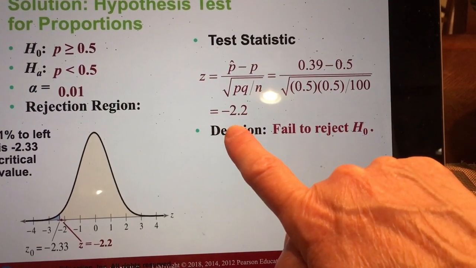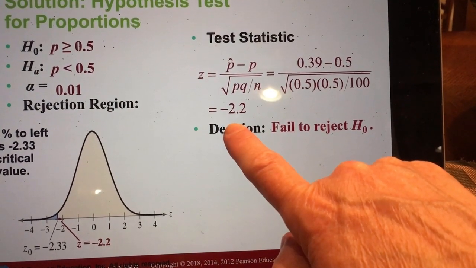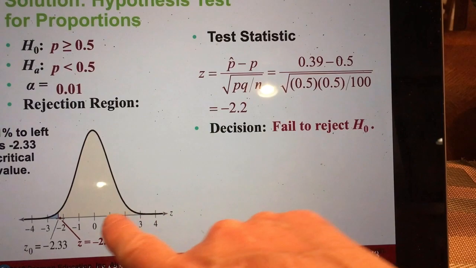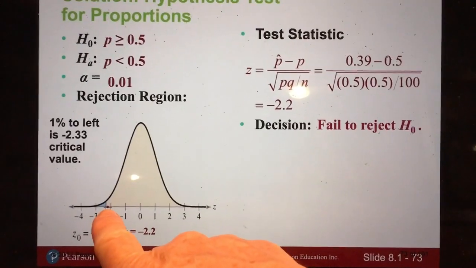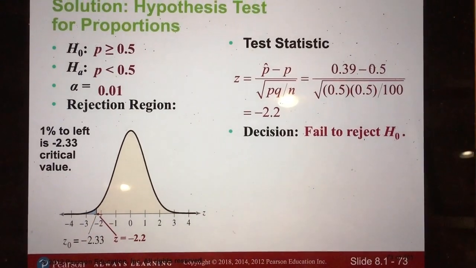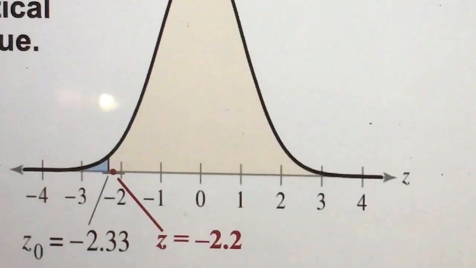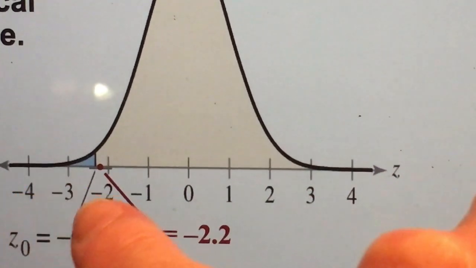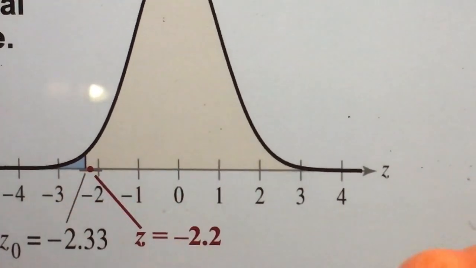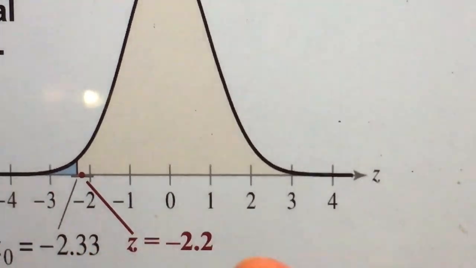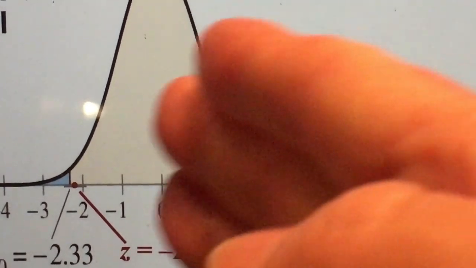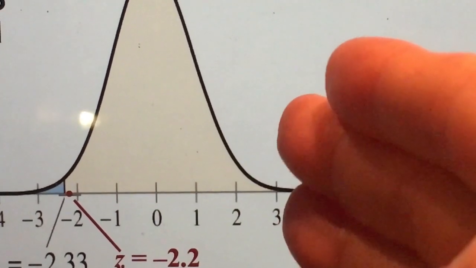Then I try to figure out where negative 2.2 is. Negative 2.2 is not in the rejection region. Let's go a little closer here. Remember, the rejection region starts at negative 2.33. Negative 2.2 is on the right side.